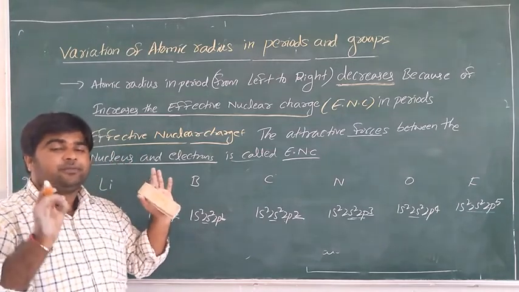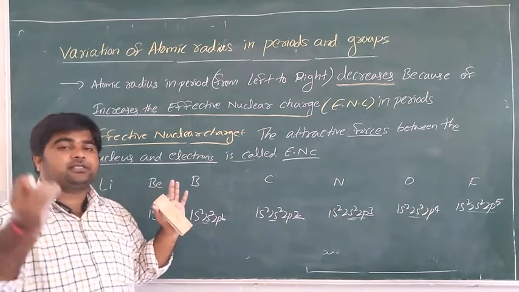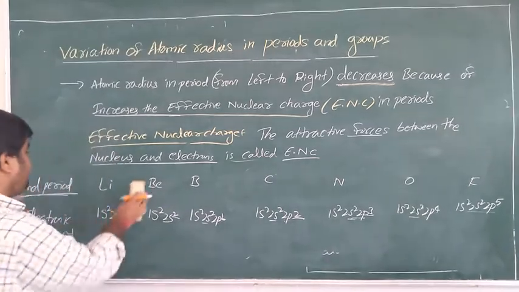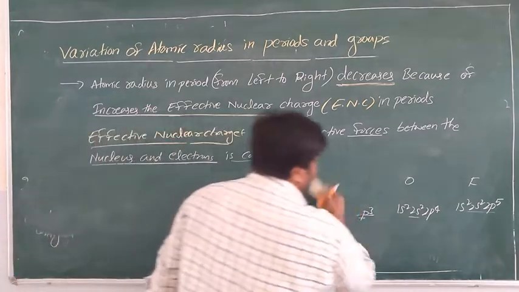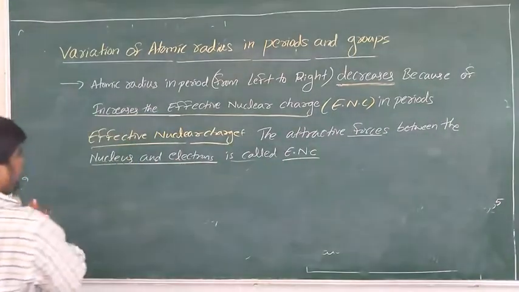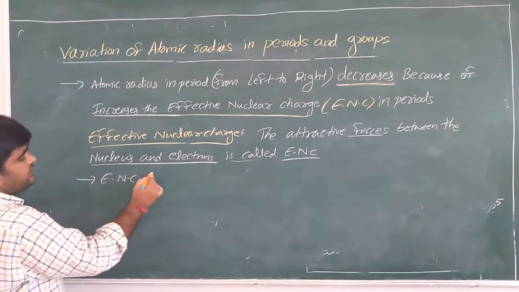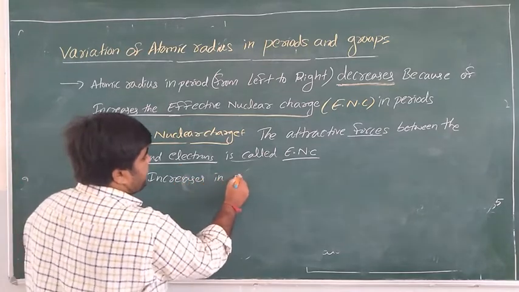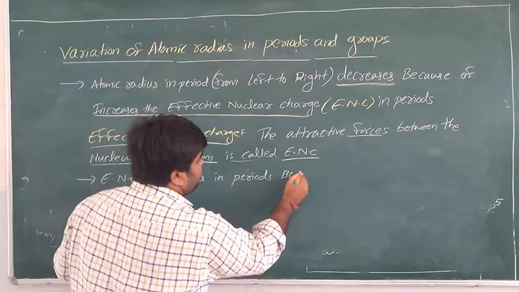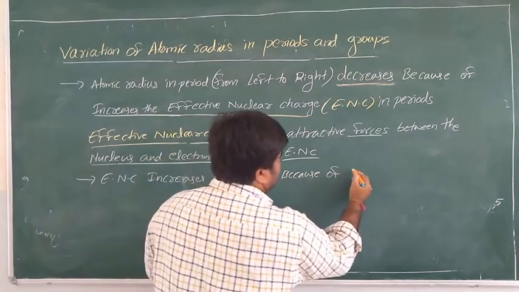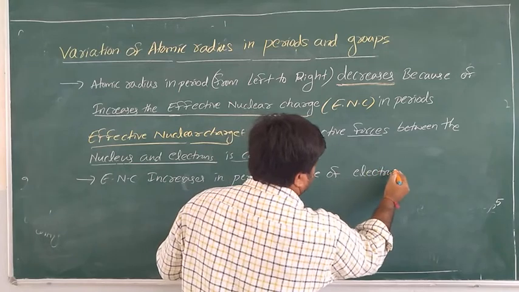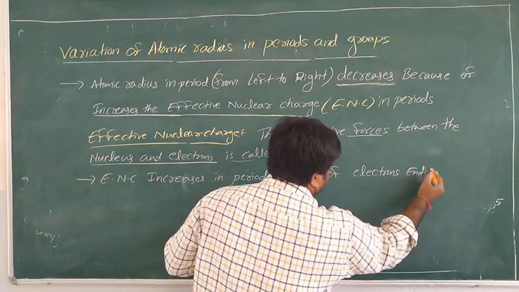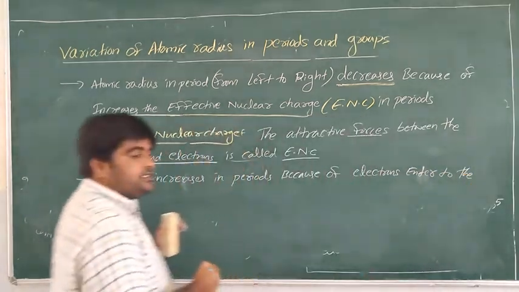Because in periods electrons enter the same energy level. Why does the effective nuclear charge increase in periods? Because electrons enter the same energy level.